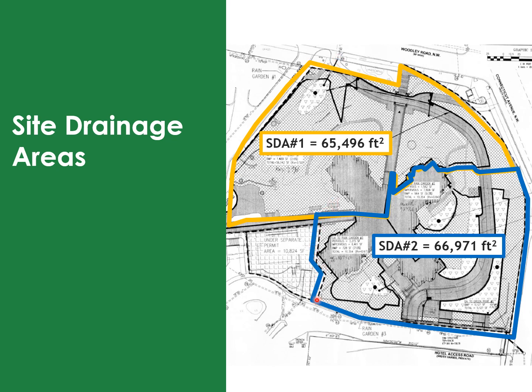Similarly, the blue area here defines all of the area that is going to contribute runoff out through this exit point here, this pipe that's going to contribute runoff into this connection into the storm drain in the street. So again, this runoff passes through rain gardens and green roofs on its way, but what defines the site drainage area is how it ultimately all leaves the site through this exit point here.